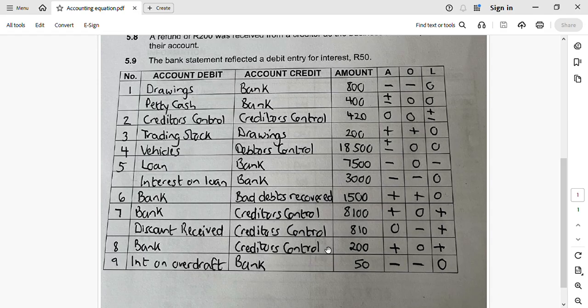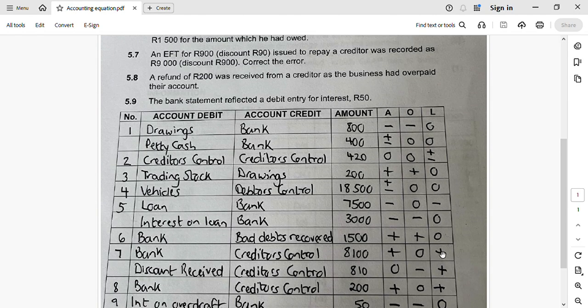Basically what happens, if you've overpaid your creditor, the creditor is going to have a negative balance. In other words, they owe us. Once they've paid us back, they owe us nothing. So to go from a negative number up to 0, you need to add that 200 Rand to your creditors and add to your liabilities. So you're basically increasing the account from a negative up to 0.